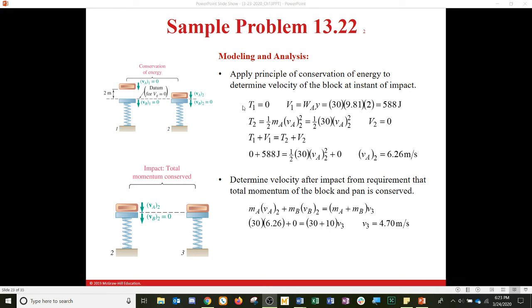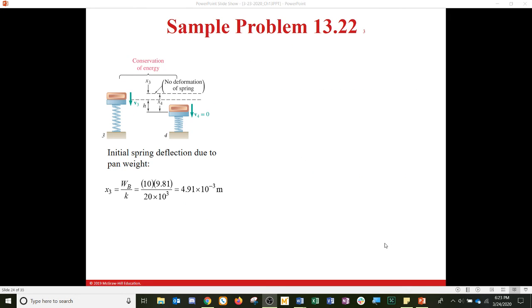We have conservation of energy to figure out how fast it's moving as it hits the platform, and conservation of momentum to figure out how fast it moves after it hits the platform. And then we have conservation of energy once again to relate the kinetic energy of the system as it's starting to move at V3 to the deformation of the spring.